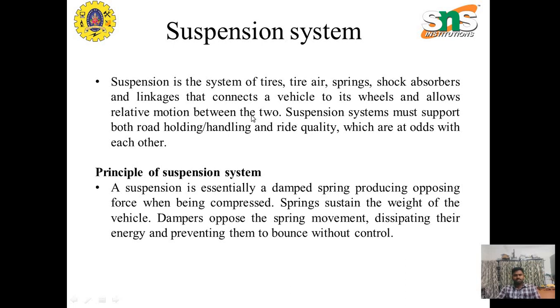For shock absorbers, we have different types called telescopic shock absorber and hydraulic shock absorber. And for springs, we have different types called leaf spring, coil spring, and torsion bar. So these are the different types even in that specific component.